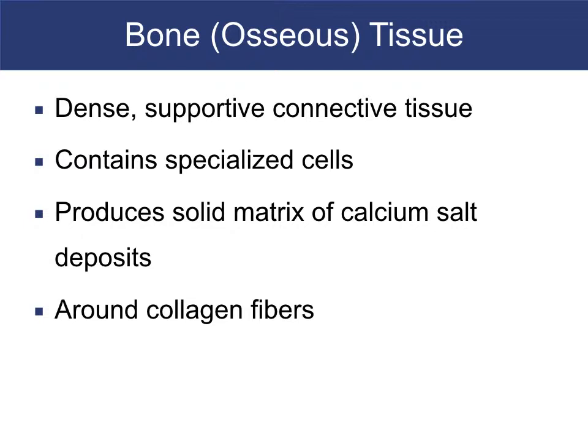Bone is very specialized. We will talk about the 4 types of cells in bone. And the matrix. And when we say matrix, we're talking about that ground substance, the stuff that's in between in all of these connective tissues. And in bone, that is mostly calcium salts that form the hard parts of the bone when it gets calcified and ossified. But do not forget that there's lots of collagen fibers built into bones as well.